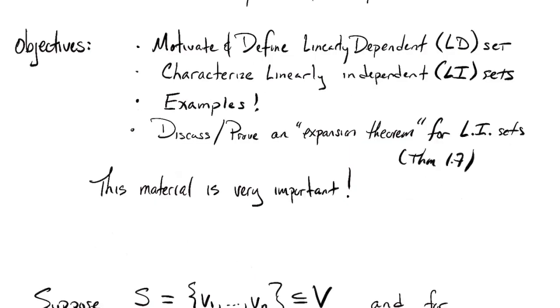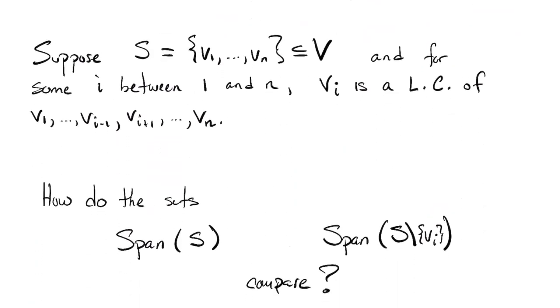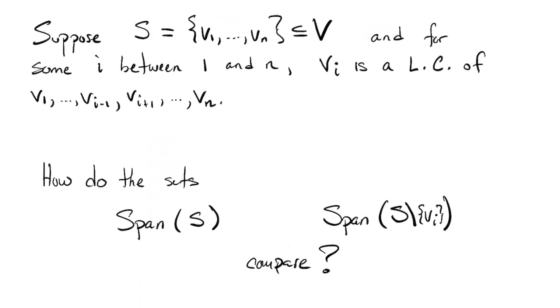Okay, so let's get going here. As a motivation, it's kind of an abstract motivation, but still, suppose I have some finite subset of a vector space V, calling it S. You can see it at the top of the screen there. It's got some n vectors in it, chosen from V. And suppose that for some one of them, the ith one, I don't know which number i is, but some number between 1 and n, the ith vector v sub i is a linear combination of the other ones.